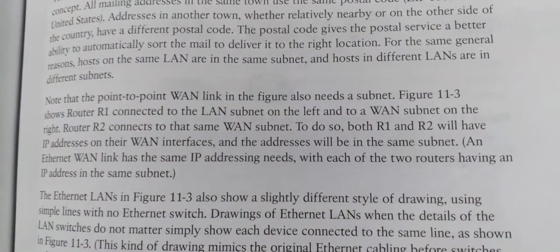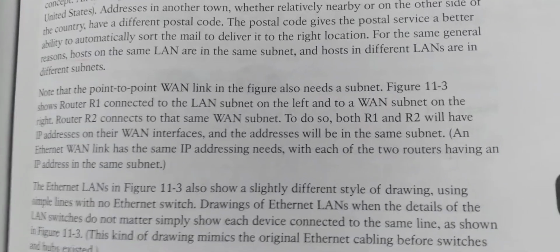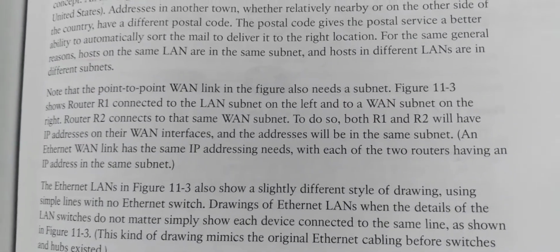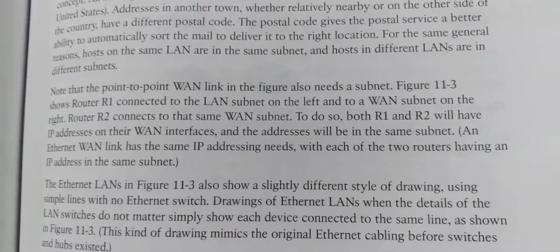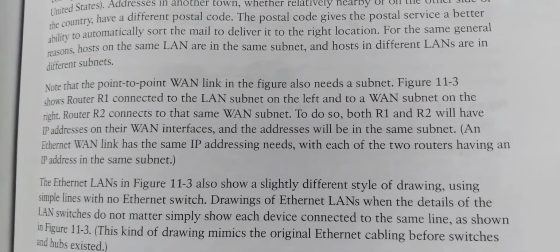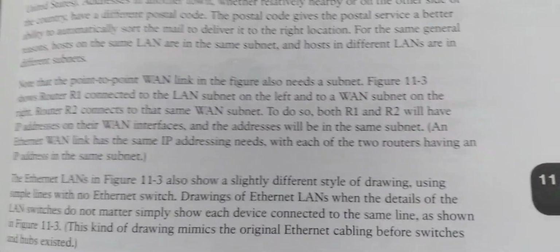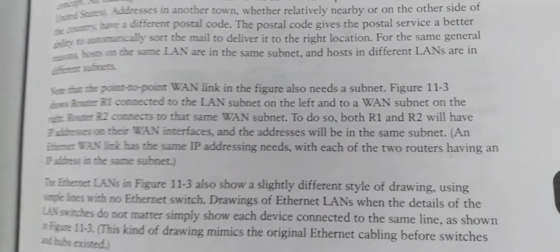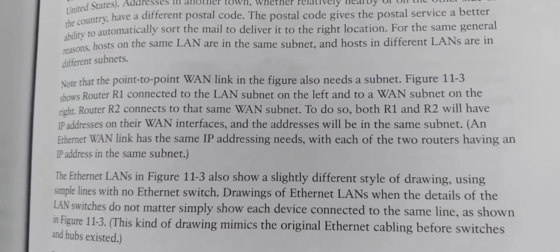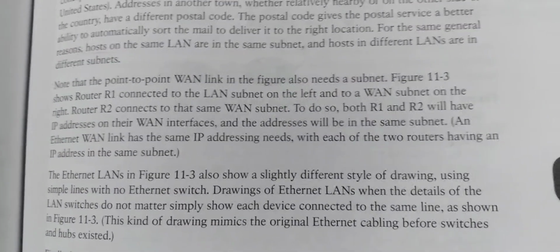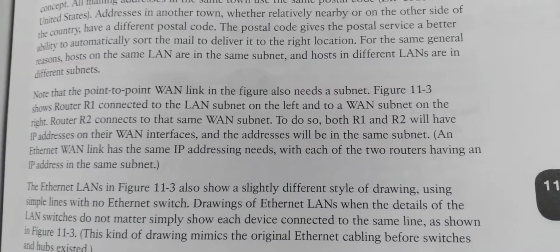To do so, both R1 and R2 will have IP addresses on their WAN interfaces, and the addresses will be in the same subnet. An Ethernet WAN link has the same IP addressing needs, with each of the two routers having an IP address.